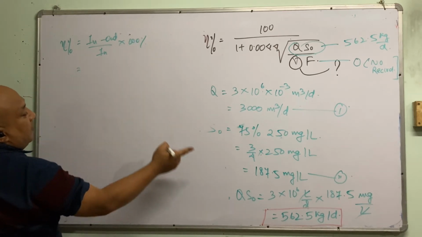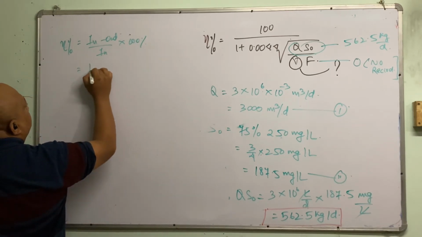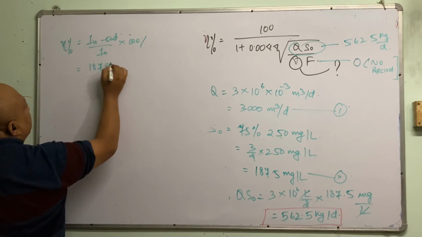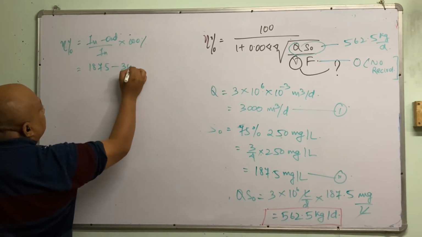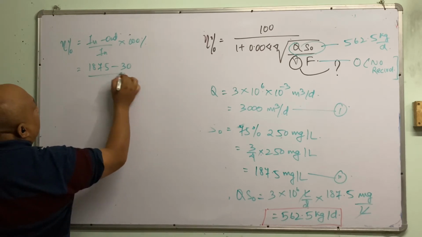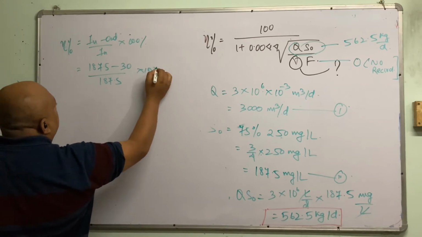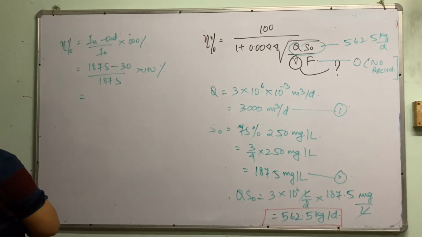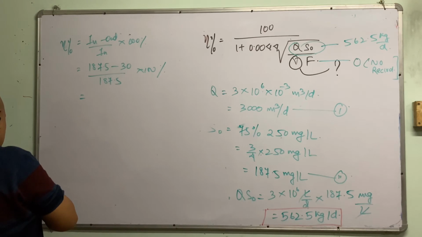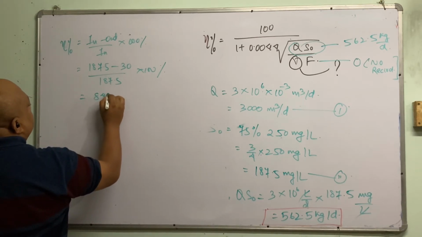The incoming BOD we expect is 187.5, and coming out should be 30 milligram per liter as per the permissible limit. So 187.5 minus 30, divided by 187.5, into 100, is 84%.